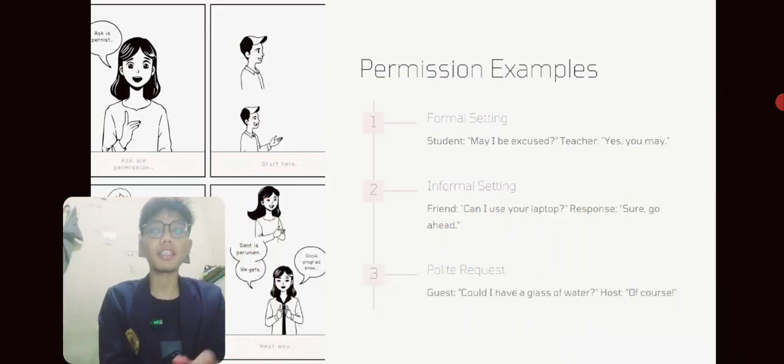Permission examples. Here are examples of asking for permission in different contexts. In a formal setting, a student might ask, may I be excused? And the teacher would respond, yes, you may. For an informal situation, a friend could ask, can I use your laptop?